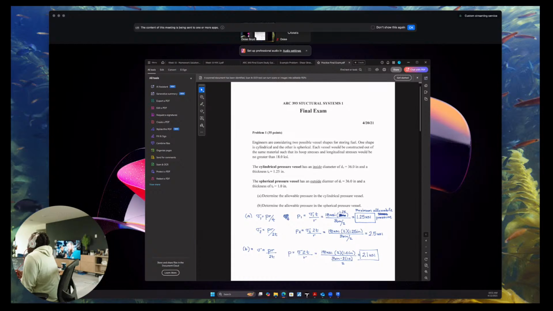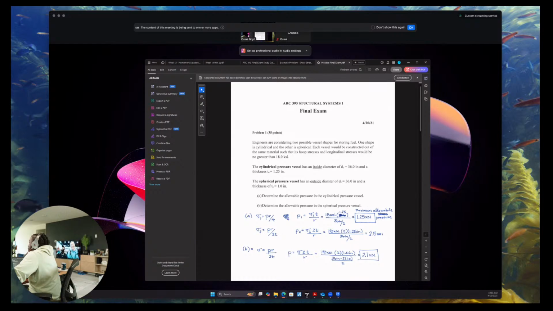Engineers are considering two possible vessel shapes for storing fuel. One shape is cylindrical and the other is spherical. Each vessel would be constructed out of the same material, such that its hoop stress and longitudinal stress would be no greater than 18 KSI.